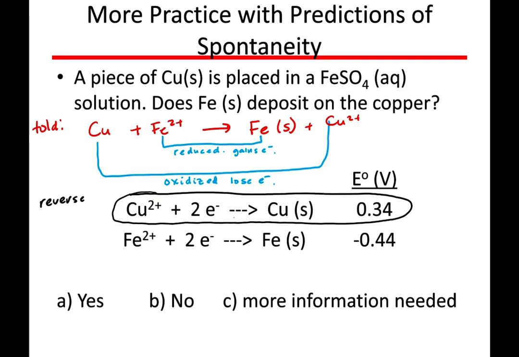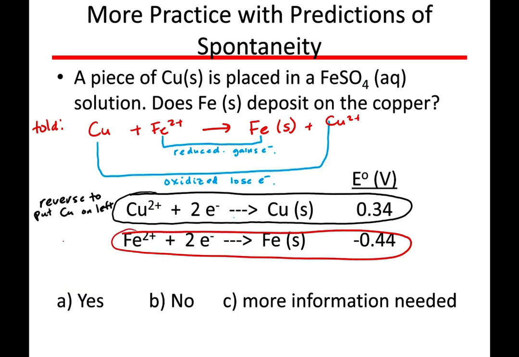So this one gets reversed to put Cu on the left, and the half reaction that involves Fe2+ should be kept the same, because you want to have Fe2+ on the left. All right, let's go over to the next slide and rewrite the reactions written in the appropriate ways, and also keep in mind that you have to change the sign of E0 for the copper half reaction if you reverse it.